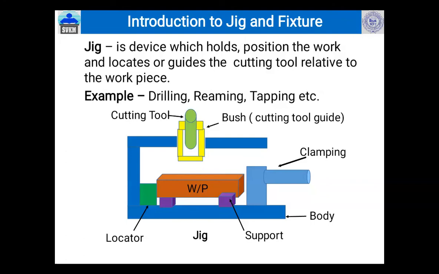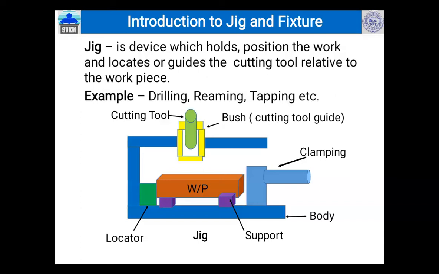Examples of jig are drilling jig, reaming jig, tapping jig, etc. So we can conclude that a device which holds, positions the workpiece and guides the cutting tool is called a jig.